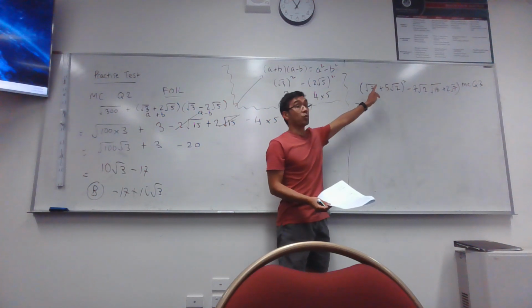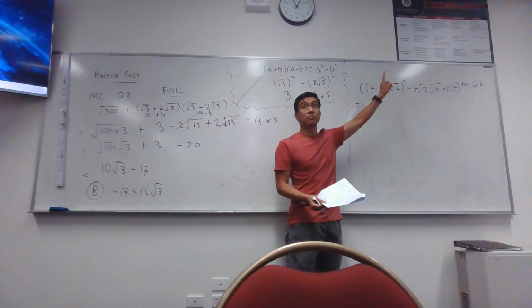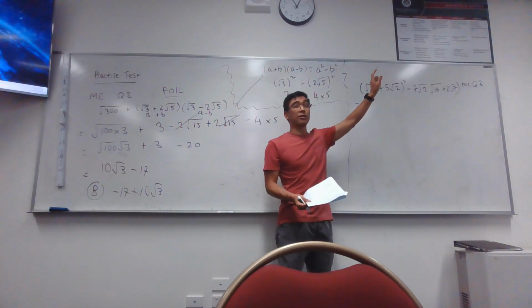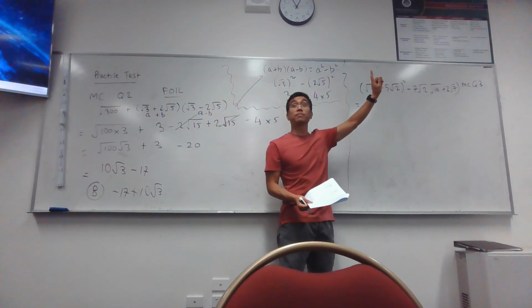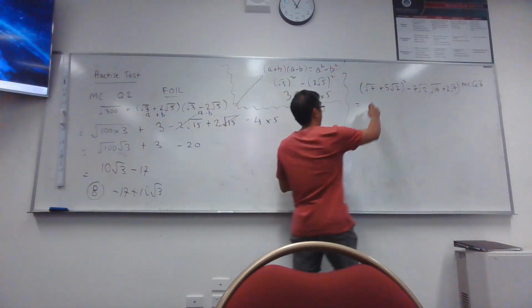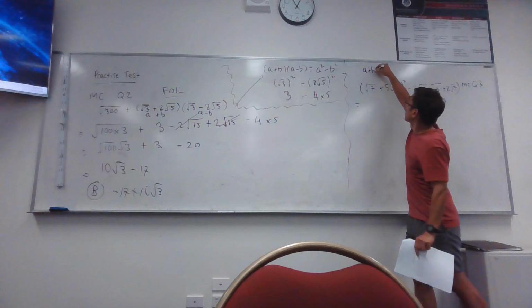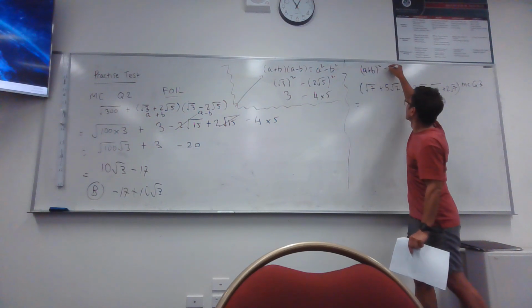Here, what's the shortcut? If something plus something is squared, there's an a. That's correct. So it's this one here. What is that base for? AB.